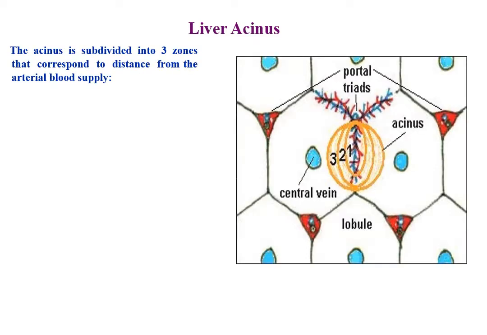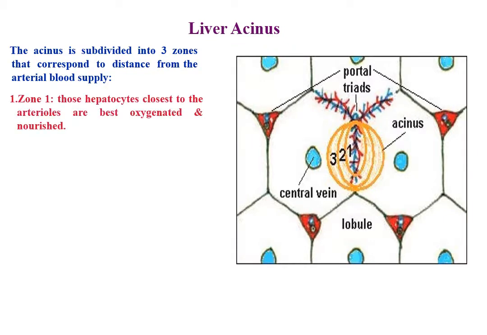Liver acinus. According to blood supply, the acinus is subdivided into three zones that correspond to distance from the arterial blood supply. Zone 1 contains hepatocytes closest to the arterioles. They are best oxygenated and best nourished.